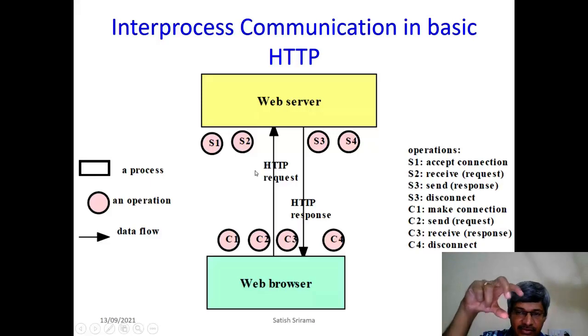The actual inter-process communication has to go through all these operations. So when the browser is sending the request, the server is issuing the receive request operation. The request is received and the web server processes it.